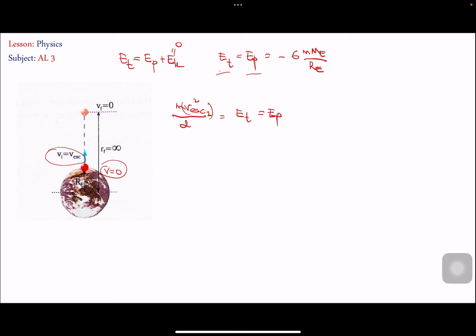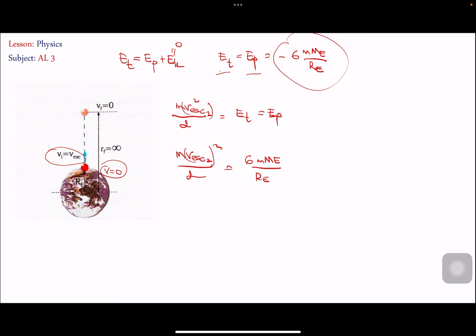So m v escape 2 squared over 2 will be equal to the value that's given here. But I will not take the minus sign because I deal only with the numbers. So that is G times mass of Earth over radius of Earth.